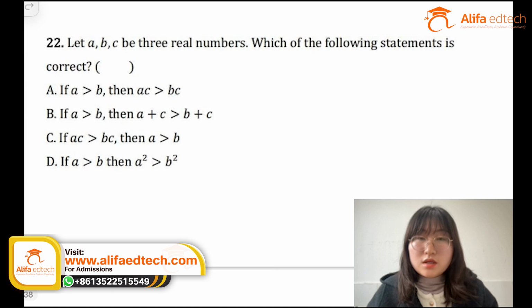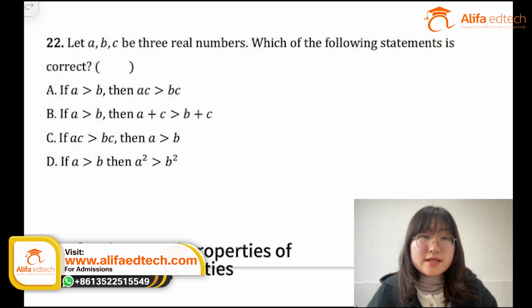Question 22. The focus here is understanding the fundamental properties of inequalities.